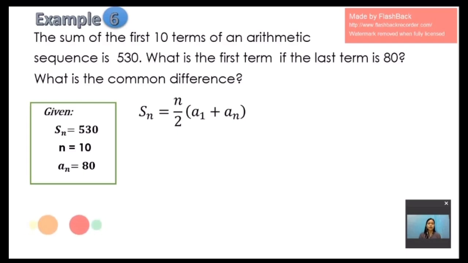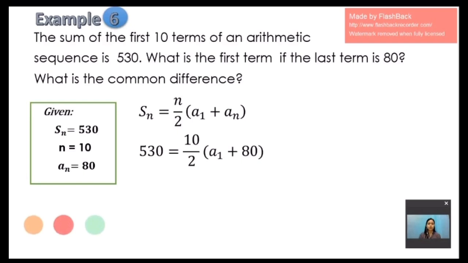So using the formula S of n is equal to n over 2 times the quantity of a sub 1 plus a sub n, substituting the given values, we have S of n is equal to 530, the sum of the first 10 terms.